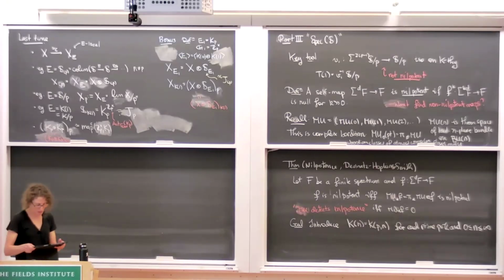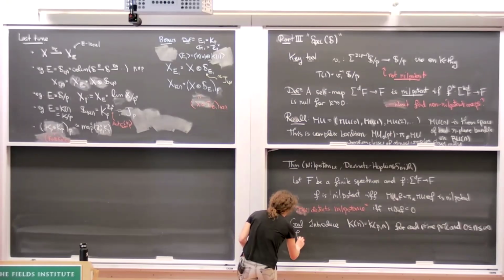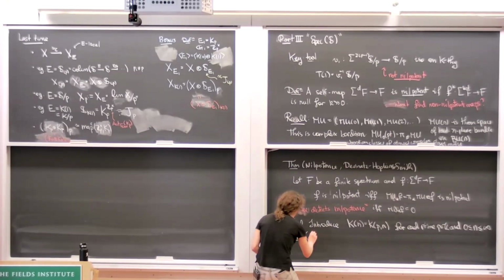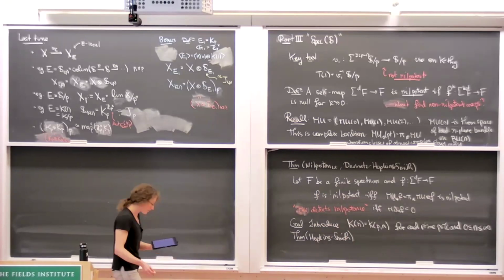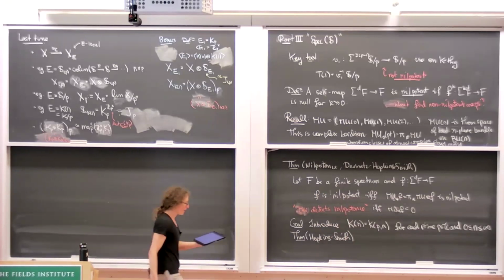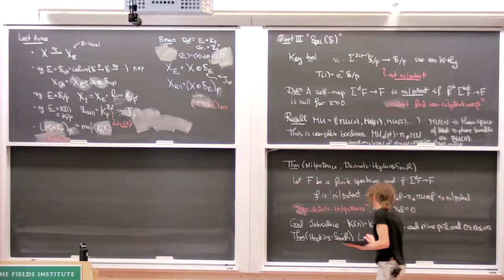And the theorem of Hopkins and Smith, this is in Nilpotence 2, and it's a consequence of the first nilpotence theorem with a lot of extra work, is that actually these are good enough. And then I'll convince you that these are nice.